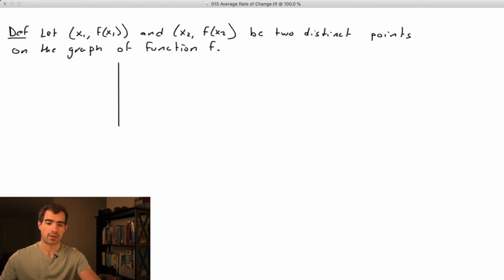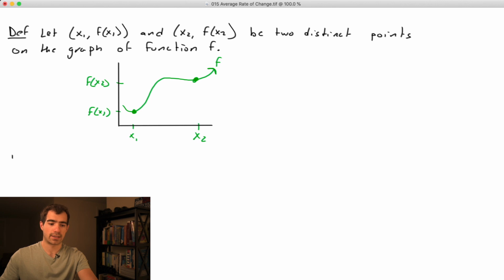And maybe we'll even draw a picture. Maybe this is our function, and here's x1 and f of x1, and maybe here's x2 and f of x2. These two dots represent our two distinct points along this arbitrary function f.